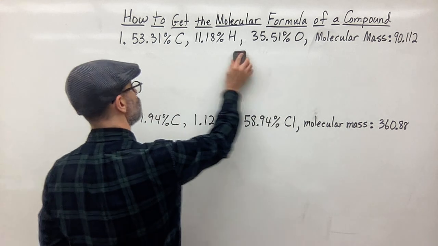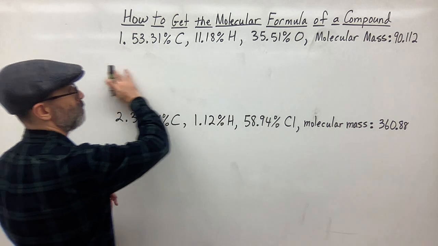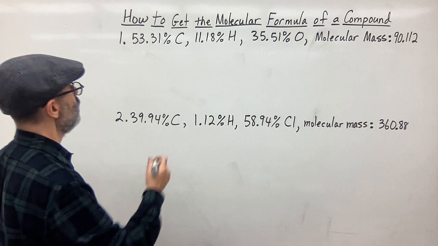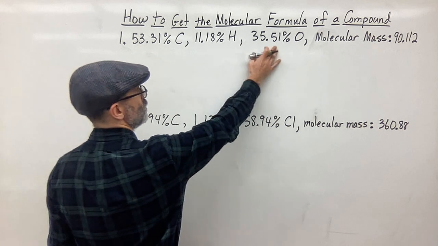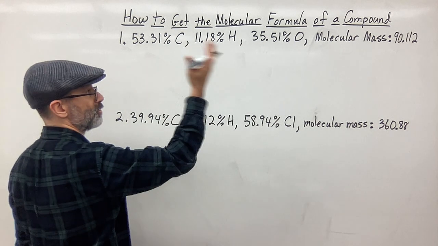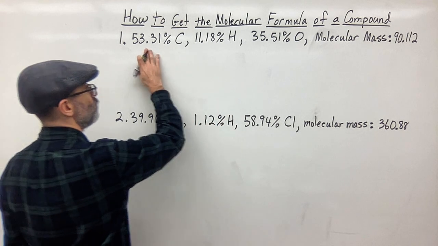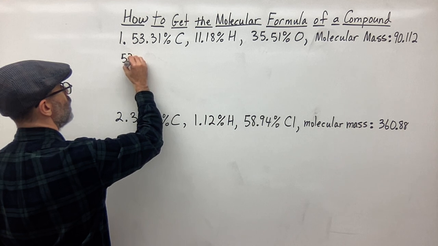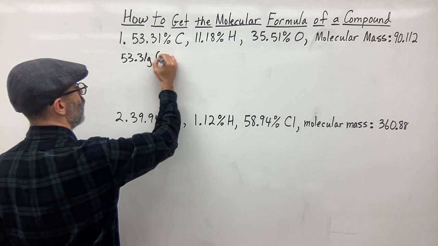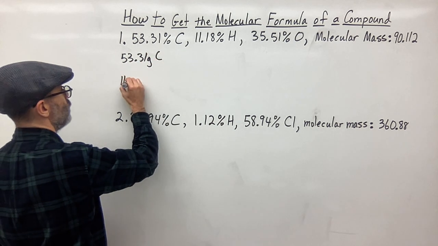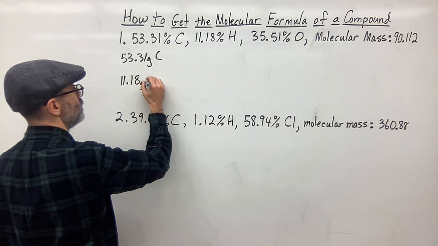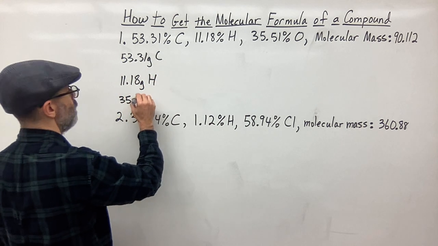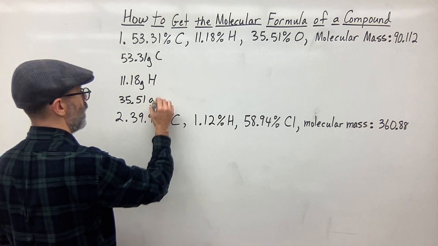Here I'm given percentages, so I need to find the empirical formula first. I'll start by converting these to grams, assuming 100 grams of my compound. So I'll have 53.31 grams of carbon, 11.18 grams of hydrogen, and 35.51 grams of oxygen.